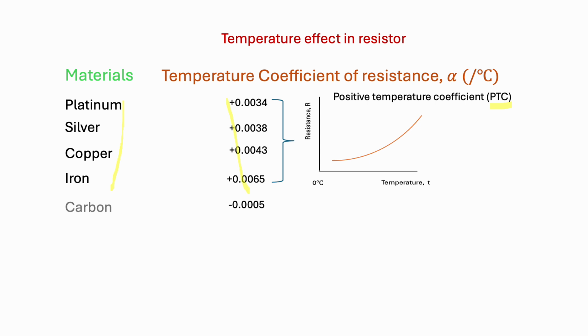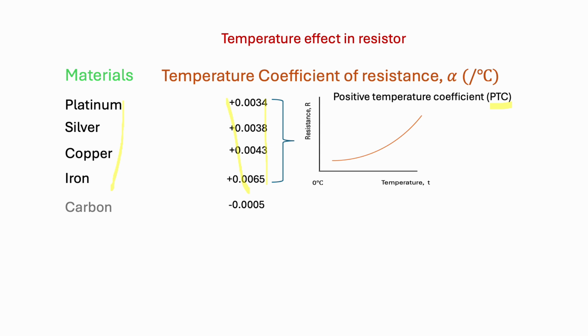You can see the resistance of these types of metal conductors increases with the temperature. That is why it is a positive temperature coefficient.